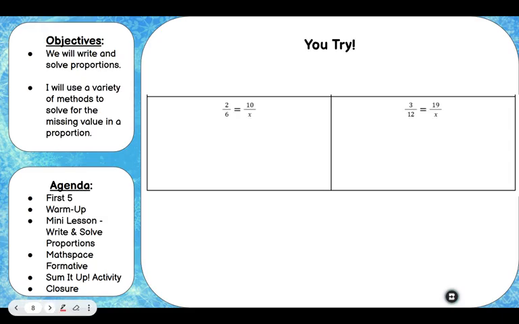I want you to try these last two, okay, just for a little extra practice. You may try these two, pause the video, and then come back to check your answers.